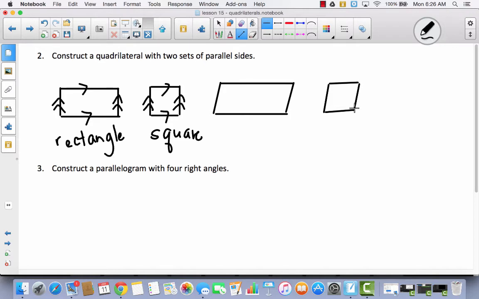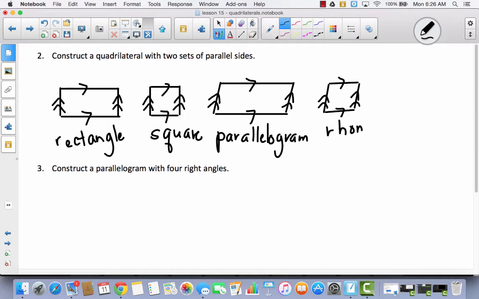Okay, so let's go ahead and put our parallel marks. So we have top and bottom, and sides are parallel. And this is a parallelogram. And then we have top and bottom and sides. And this is a rhombus because all the sides are equal.